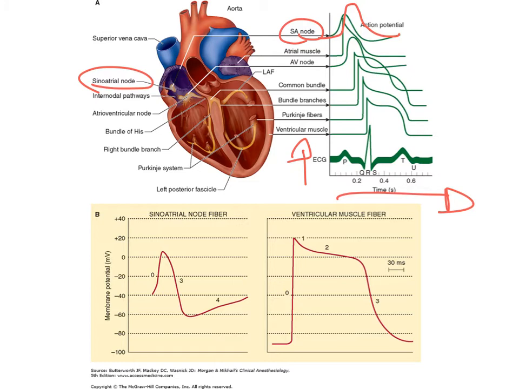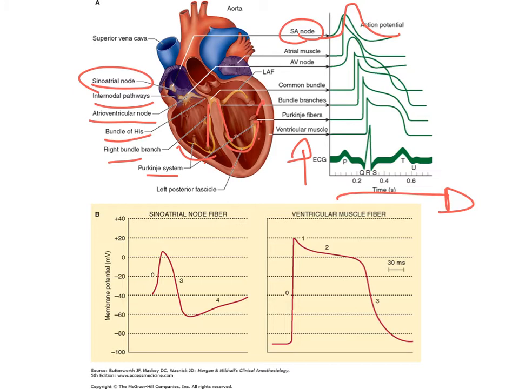Then the SA node will send that signal to the internodal pathways, which will go to the atrioventricular node, which will subsequently pass the electricity to the bundle of His, and then that passes it to the right and left bundle branches, and then that passes the electricity to the Purkinje system, and then that will disseminate through ventricular muscle.